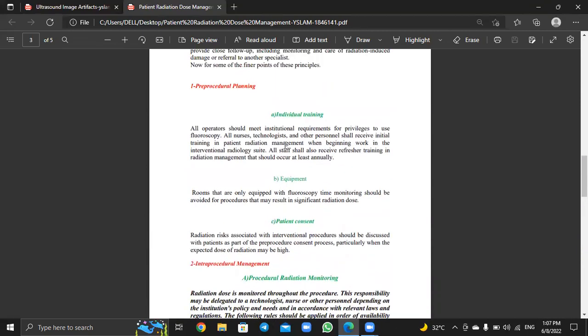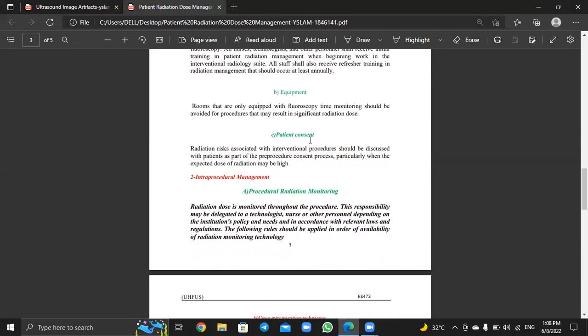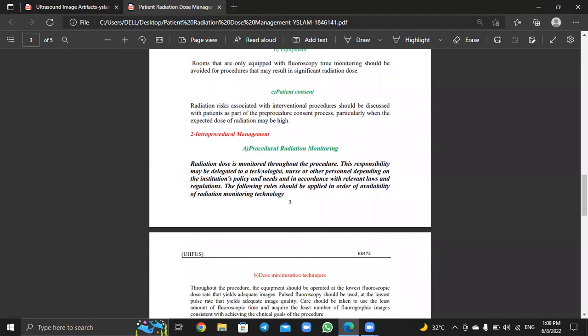So in the beginning, you have to make sure of the individual training. Every man working in this industry has to be very good in those equipment. And the equipment should be very good actually, and should be maintained and also reviewed every once in a while. And every patient has a consent which needs to be aware of.